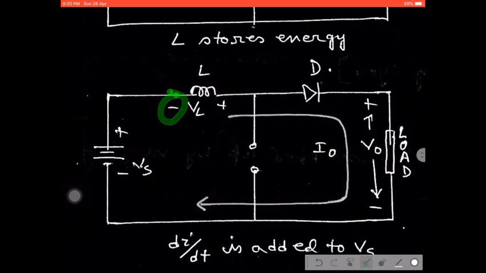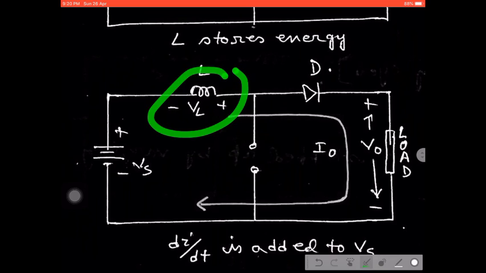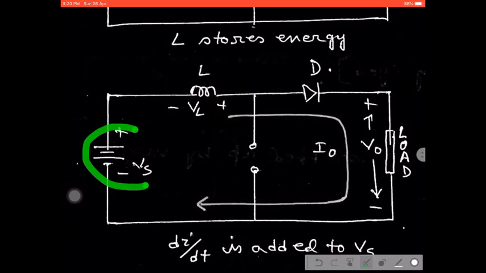Once the inductor polarity has changed, and the switch is open, the actual voltage is the inductor stored energy, defined by L di/dt, and the supply voltage Vs, which are summing in nature.